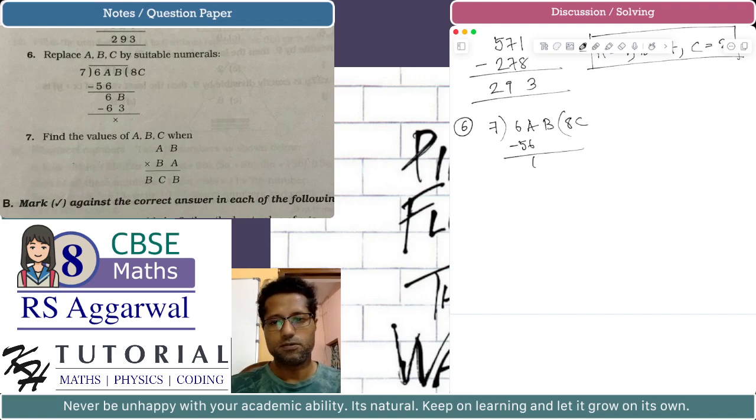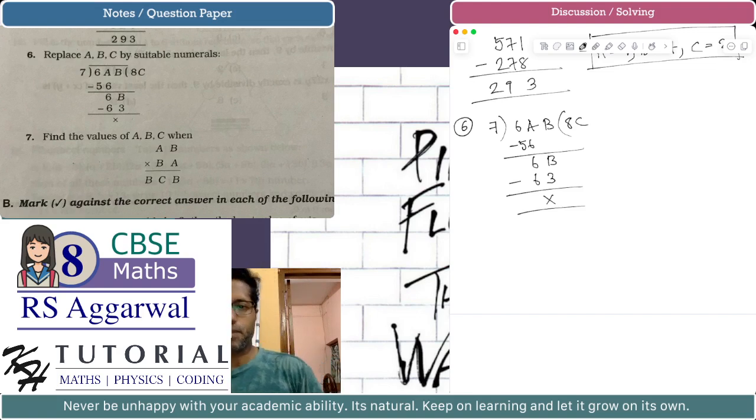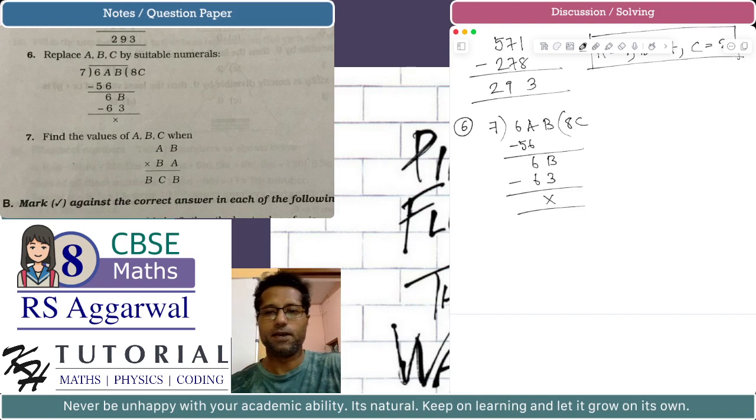The remainder is 6B and minus 63 and there is no remainder. So first, 7 multiplied by 8 is equal to 56, and 6A minus 56 is equal to 6. So when 56 is subtracted from 6A, the result is 6.